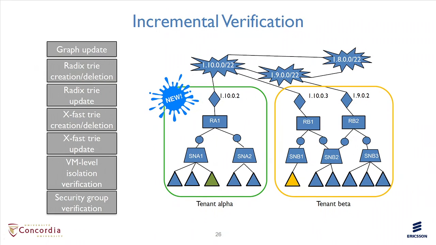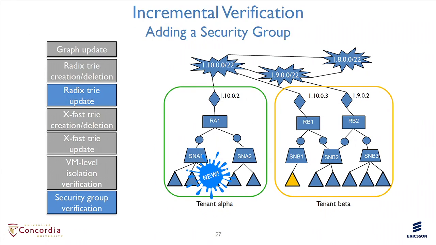For example, if we have a new security group, security groups are added at the VM level. So we don't repeat all the steps. We just update the radix trie for that security group and then run security group verification. In that way, we skip multiple steps in the verification process and hence reduce the overhead of the incremental approach.